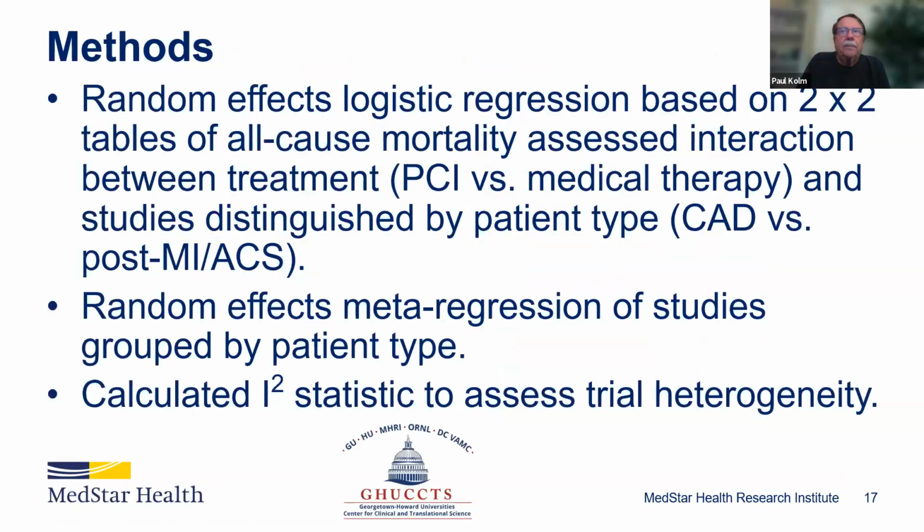So basically, what we did, as I mentioned, was distinguish between the two patient types, CAD or post-MI patients. Then I did a random effects meta-regression of the studies where we included patient type as a covariate, and then calculated the I-squared statistic to assess heterogeneity.